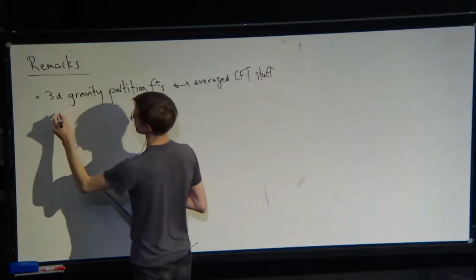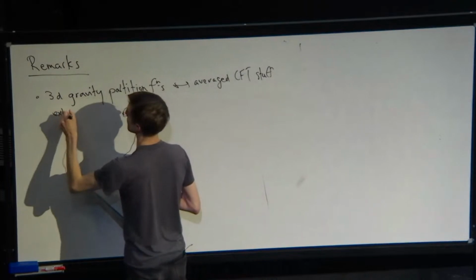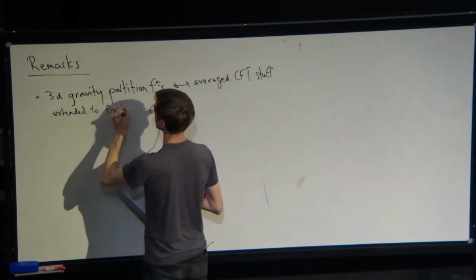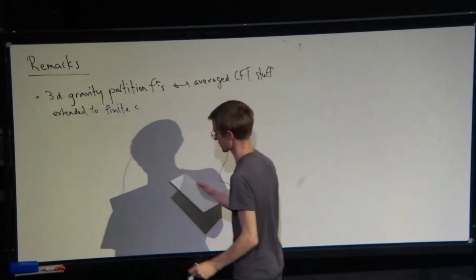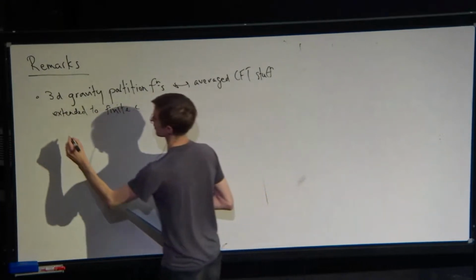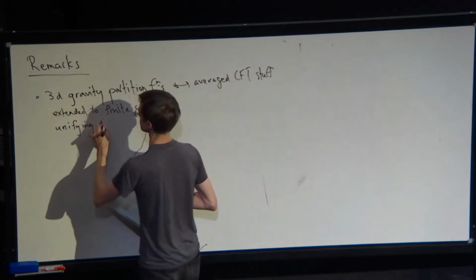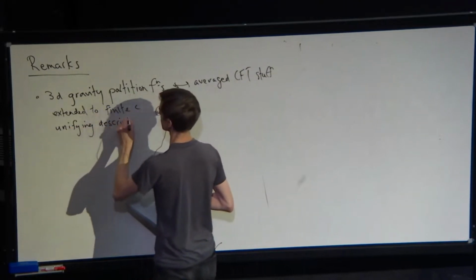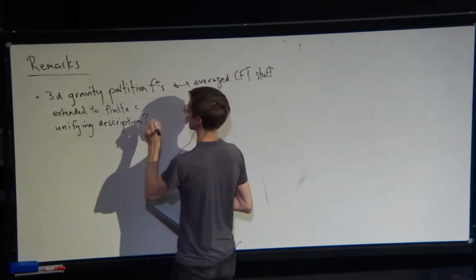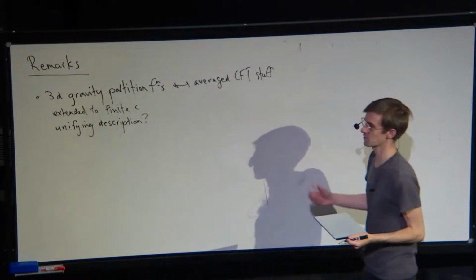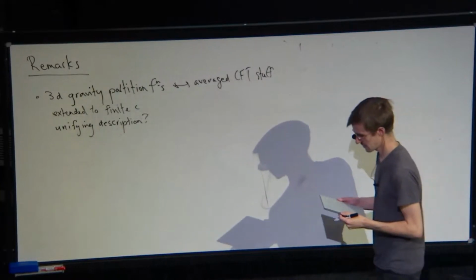We've extended this correspondence to finite C. And the meaning of that is a bit mysterious to us. And it begs for a more unifying description that captures all these non-Gaussian corrections to the CFT data. One might imagine something like a matrix model for CFT statistics.